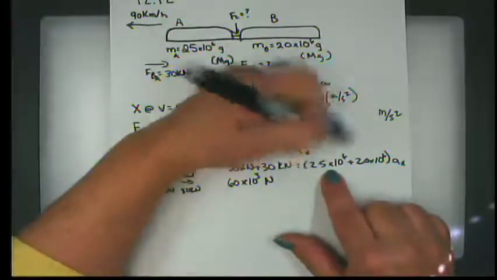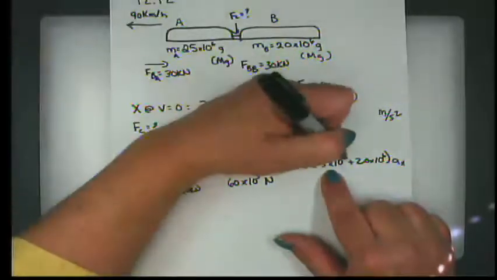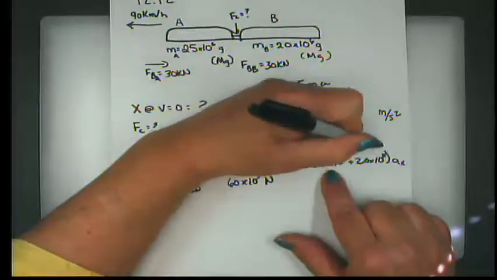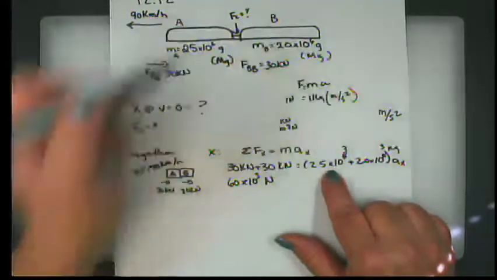Here, I'm going to write this as 25 times 10 to the 3rd and 20 times 10 to the 3rd, so I can put it in kilograms.